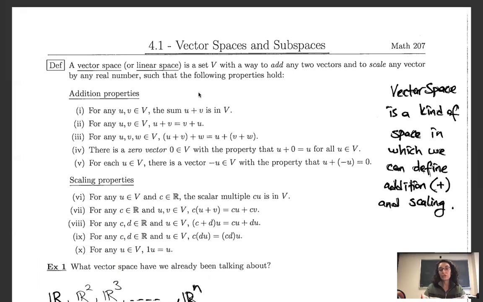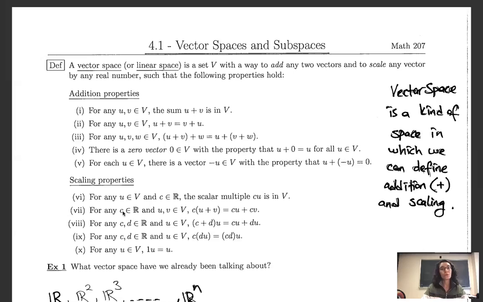And with respect to addition and scalar multiplication, your vector space has to satisfy these 10 axioms. These are the famous 10 axioms. If a set V satisfies these 10 axioms with respect to the addition property and scaling property, then this set will be called a vector space.